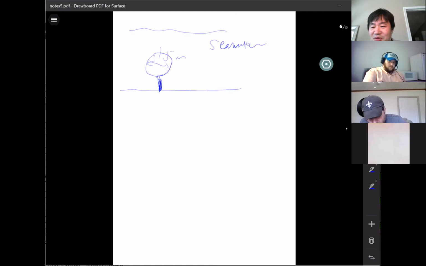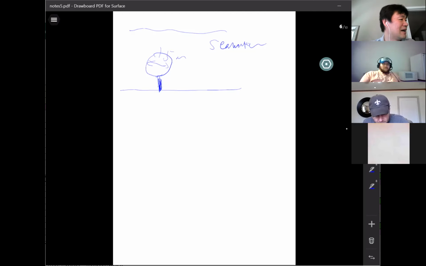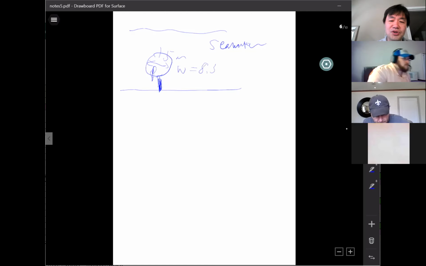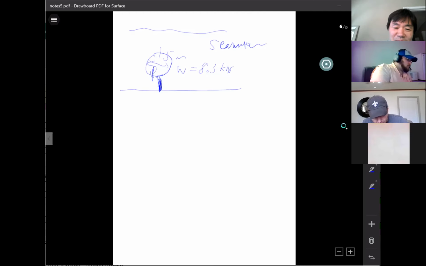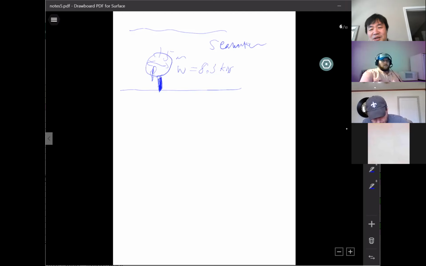It started from the Cold War, World War II, when they started to put down surveillance equipment for spy purposes. We still have a lot of that down there. Let's say the weight W of this object is 8.5 kilonewton. I know the weight of this object. I need to know how to design the support. Do I need a solid support, or do I just need a cable?